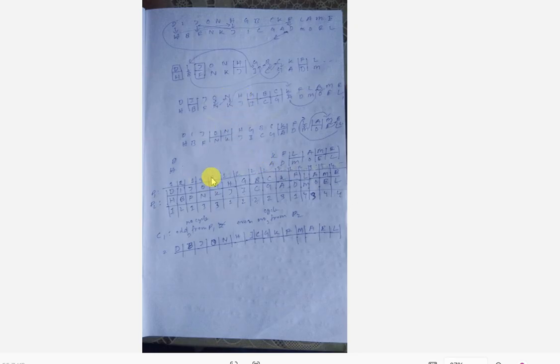Then for each cycle, first cycle, second cycle, we will number it as they were found, and it will be odd or even. C1, the first child, will get odd number of cycles from P1 and even number of cycles from P2, and C2 will get even number of cycles from P1 and odd number of cycles from P2. That's it.